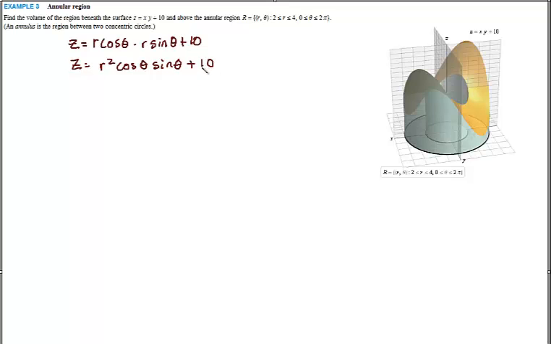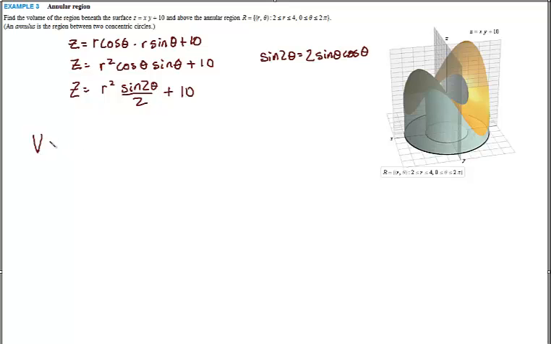It will probably be easiest to use one of my double angle formulas here: sine of 2 theta is 2 sine theta cosine theta. So I'll substitute here, and I'll say that z is r squared sine 2 theta over 2, because I was lacking a 2 in this, plus 10.